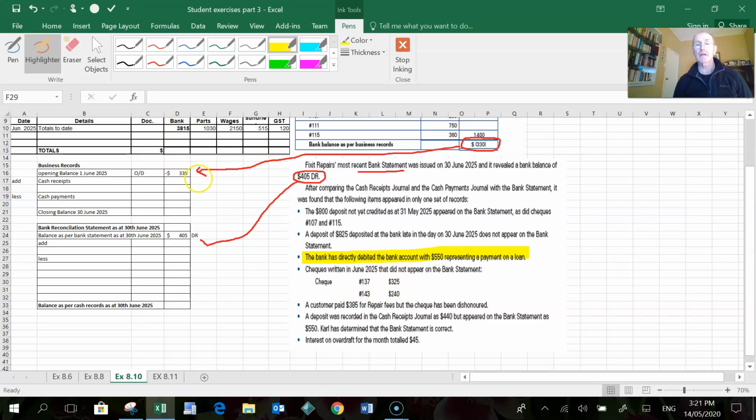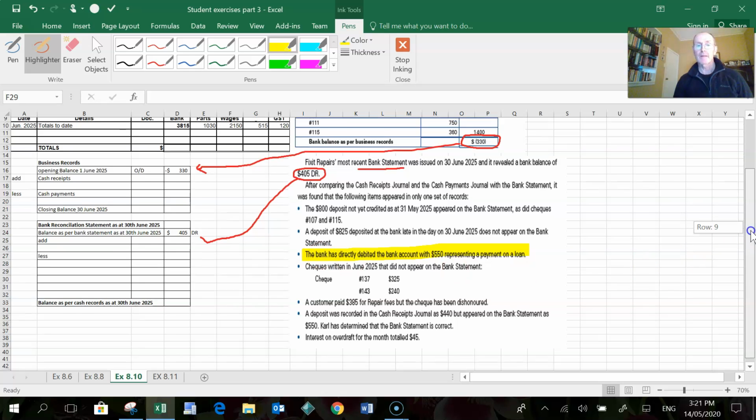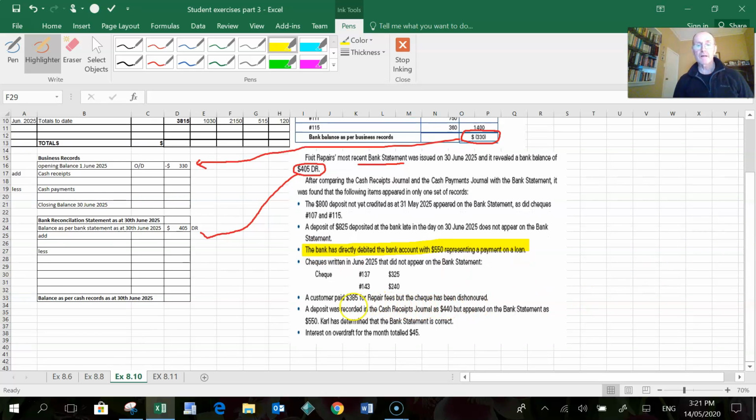So they're in our accounting records already. A customer paid $385 for repair fees, but the check has been dishonoured. We are not going to know about that until the bank statement arrives and says that this customer has got no money. And so they're going to take that money back off you and cancel the deposit. So we clearly don't know about that.